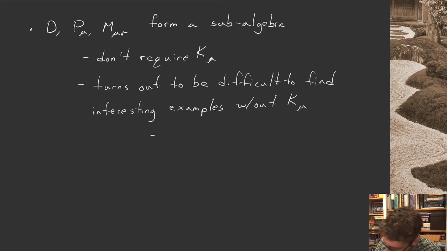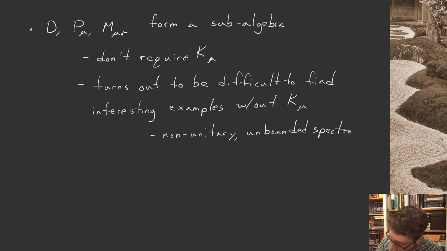And more generally, one finds that these examples are non-unitary, or they have an unbounded spectrum. They have states with arbitrarily negative energy, for instance, or other problems that make them less interesting theories to consider. But still, it's difficult to prove in which setting, if you have scale transformations, you must also have special conformal transformations.